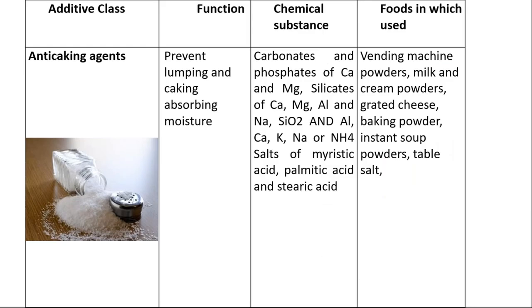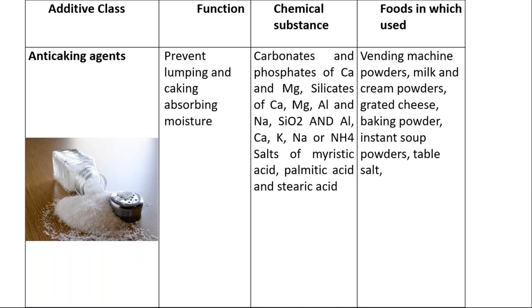Then you have the anti-caking agents. These are generally used in sugar and salt to make them free-flowing, because both sugar and salt, and anything that you want free-flowing, if they absorb moisture, they cake and become hard and clog the pores.